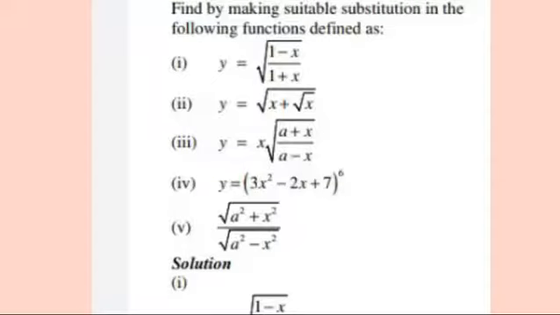While in the third, x times square root of (a plus x) over (a minus x). In the fourth one, y is equal to (3x square minus 2x plus 7) whole power 6. In the fifth part, (a square plus x square) over (a square minus x square) whole power 1 by 2. So first of all, we will solve the first part of question number 1.